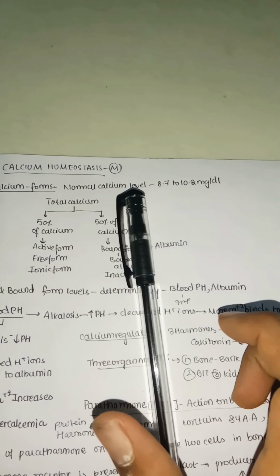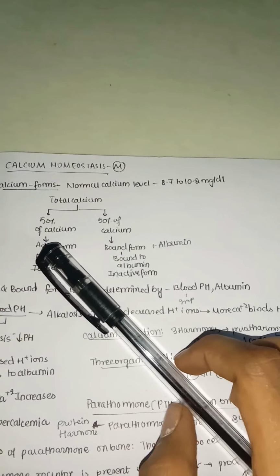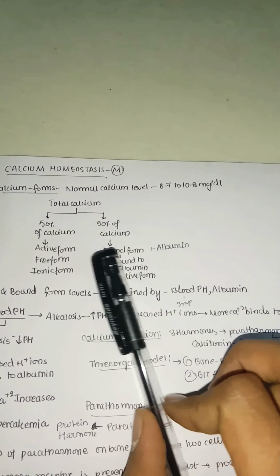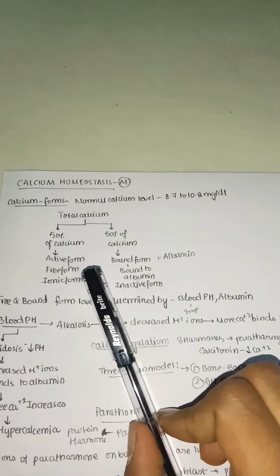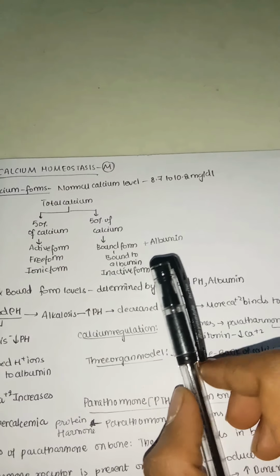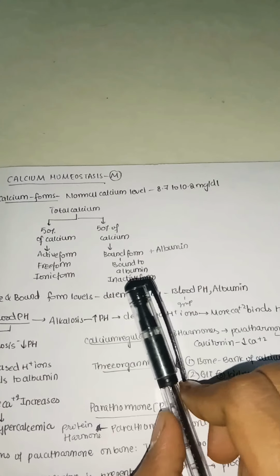So 8.7 to 10.2 milligram per dl is the normal range, and that total calcium is divided into 50% active form, free or ionic form, and 50% bound form, especially bound to albumin, which is the inactive form.